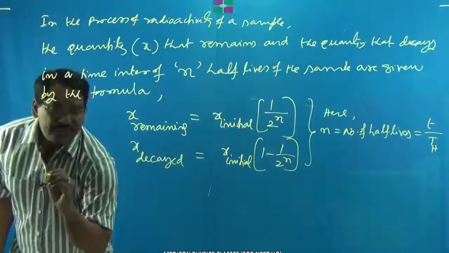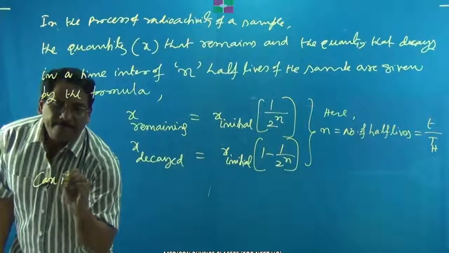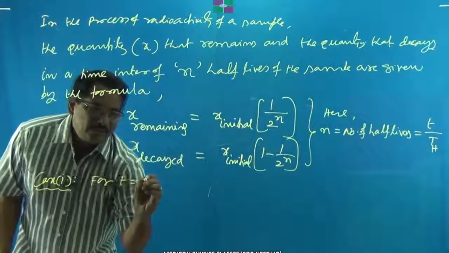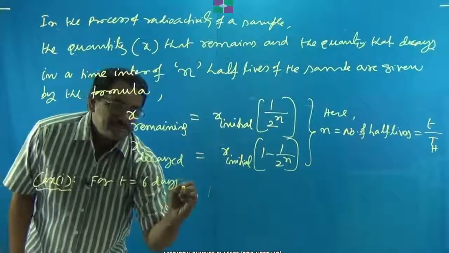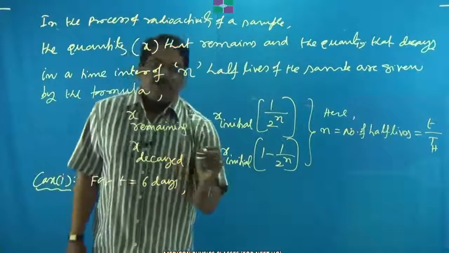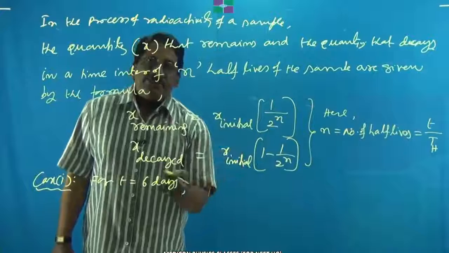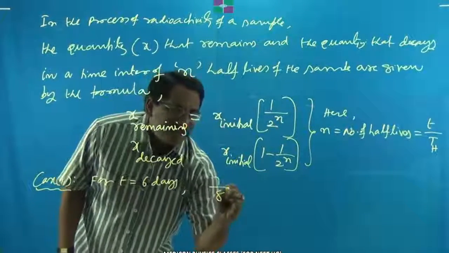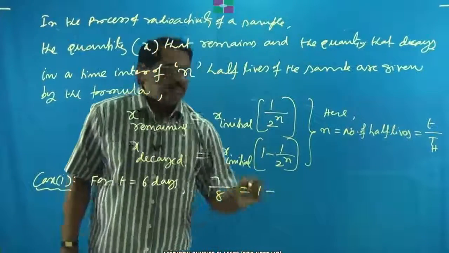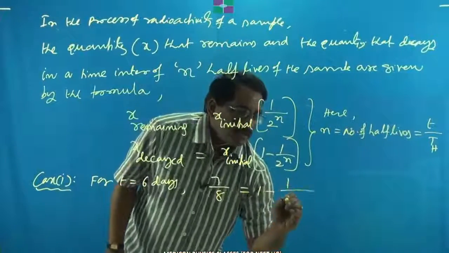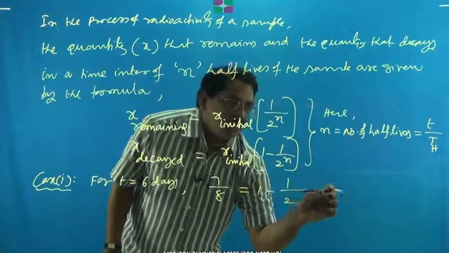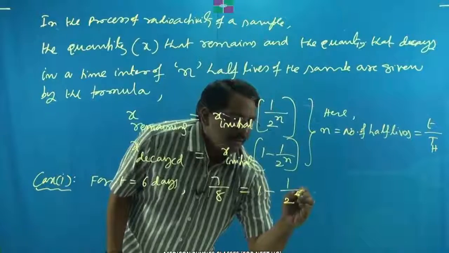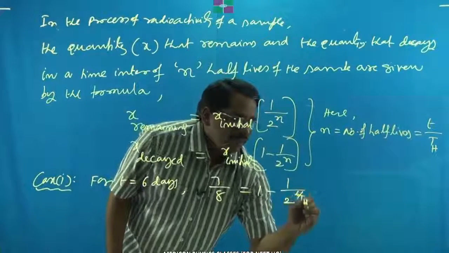In case 1, for t equal to 6 days, X decayed by X initial is 7/8, which is equal to 1 minus 1 by 2 power n, where n is 6 days divided by the half-life.